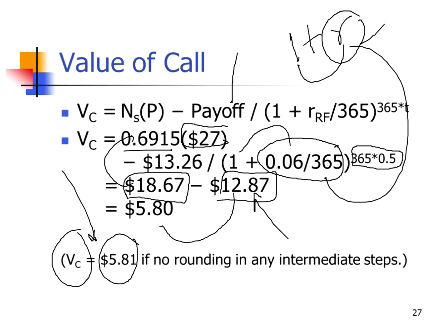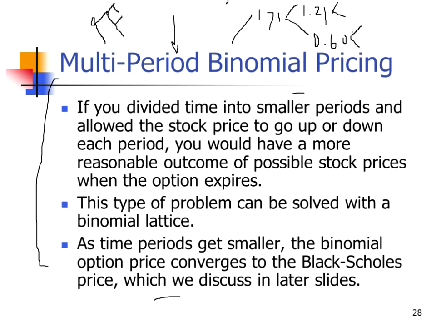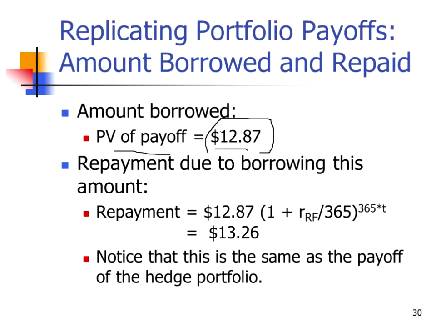There you go, this is the present value: 13.26 divided by 1 plus R raised to the power T. So that's the present value of the payoff.